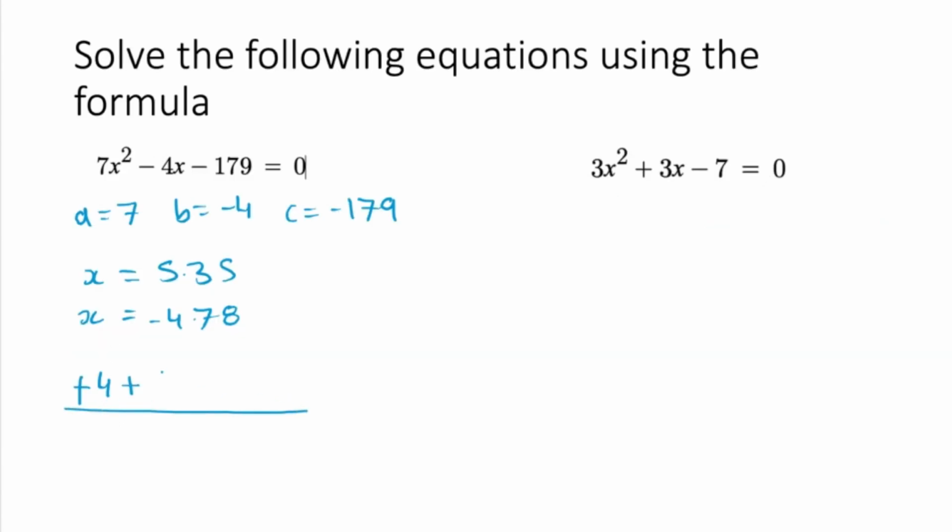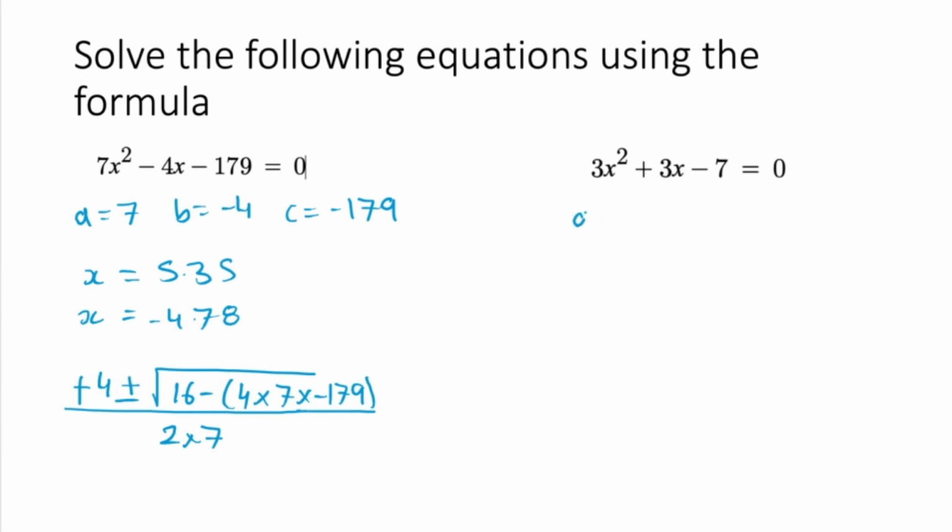So positive 4 plus or minus, and you write down the formula again on the calculator for both positive and negative. And then b squared is 16, so 16 minus 4 times 7 times minus 179, over 2 times 7. So your formula should look something like this.